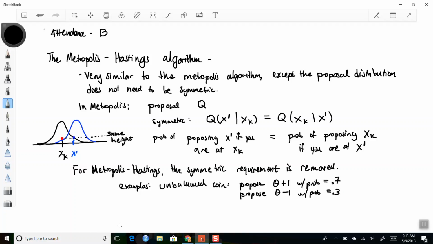Or another example could be, you're centered at xk and you've got this funny-looking distribution, and you draw x prime coming from something that looks like this. Just something that's not even, some non-symmetric proposal.